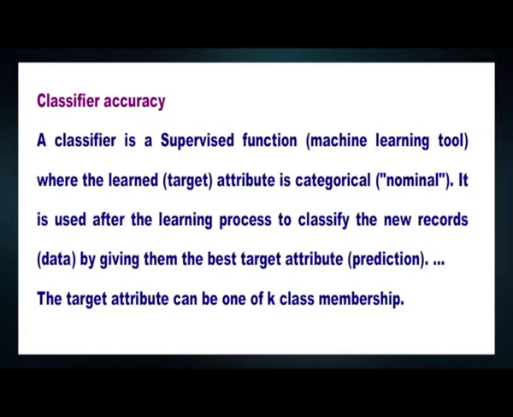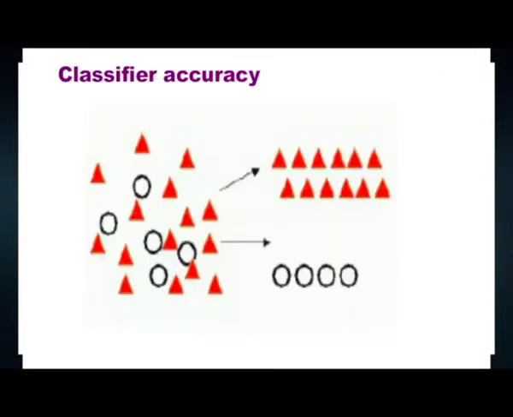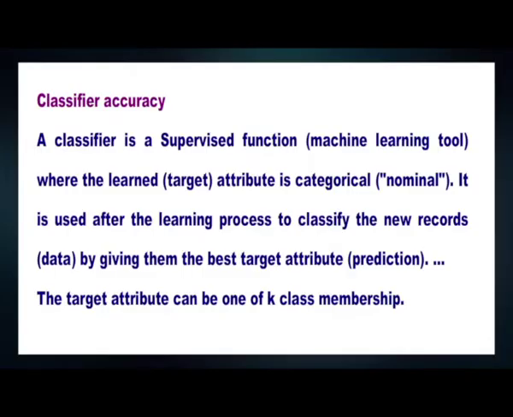It is used after the learning process to classify new records or data by giving them the best target attributes, which is nothing but prediction. Rows are classified into buckets. For instance, if data has feature X, it goes into bucket 1, if not, it goes into bucket 2. The target attribute can be one of K class memberships.